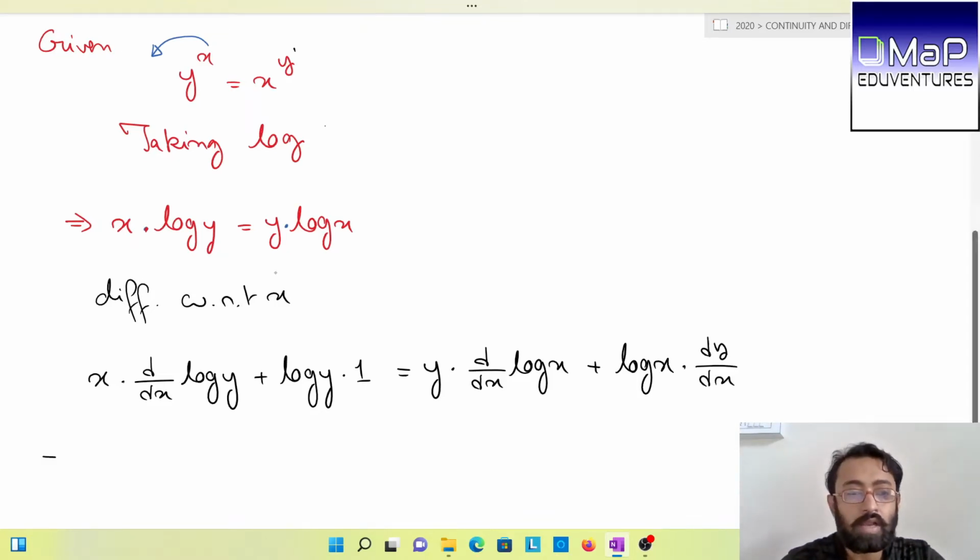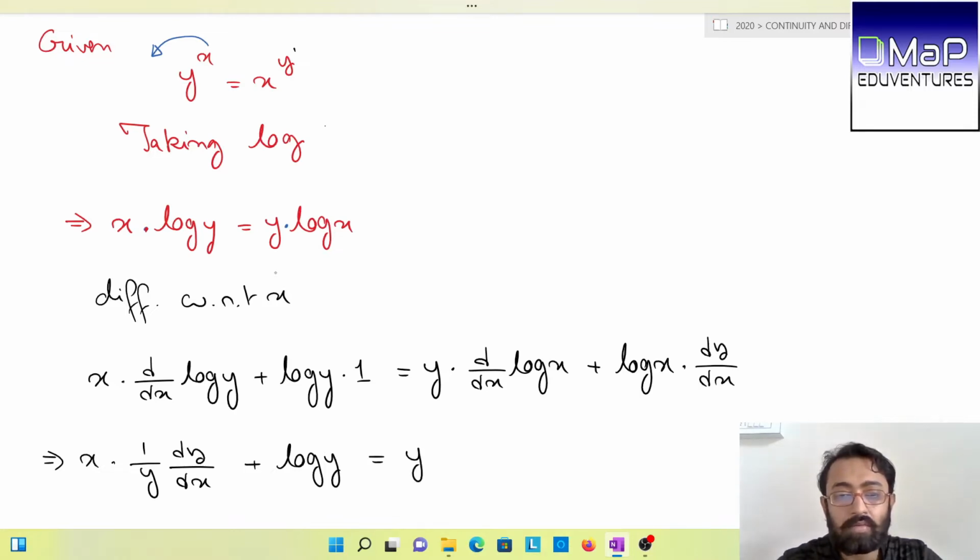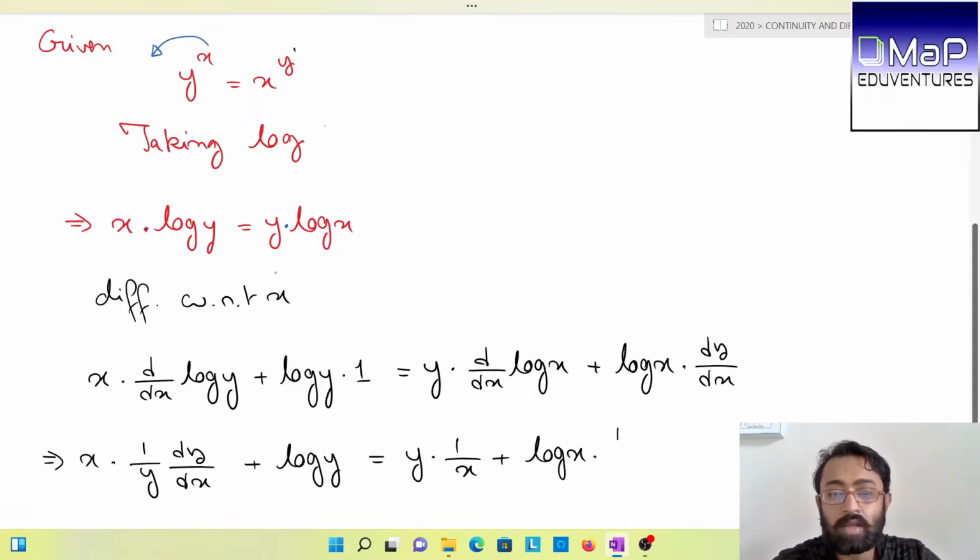Alright. So here আমি কি পাম তেনেহলে x into ddx of log y is 1 by y dy by dx. Second term একে থাকিব, তাতো ddx কৰিবলগীয়া নাই. Right hand side y into ddx of log x is 1 by x plus log x into dy by dx.